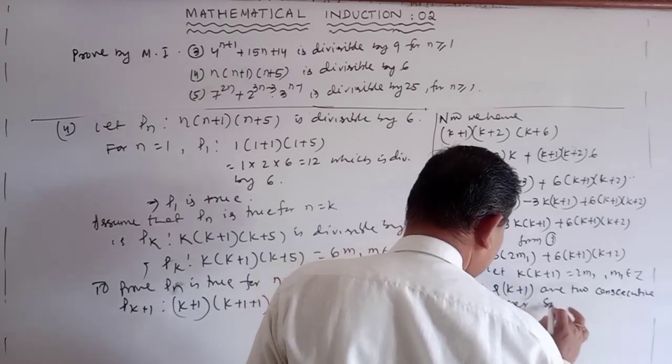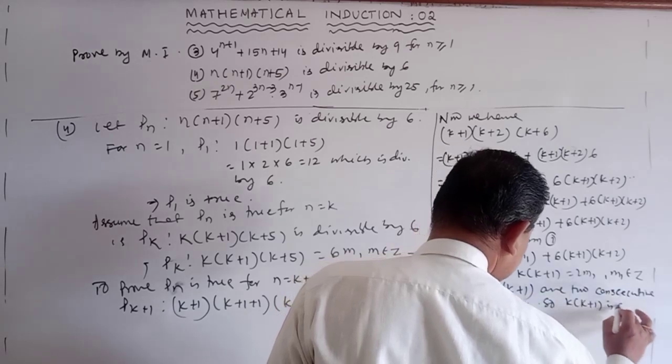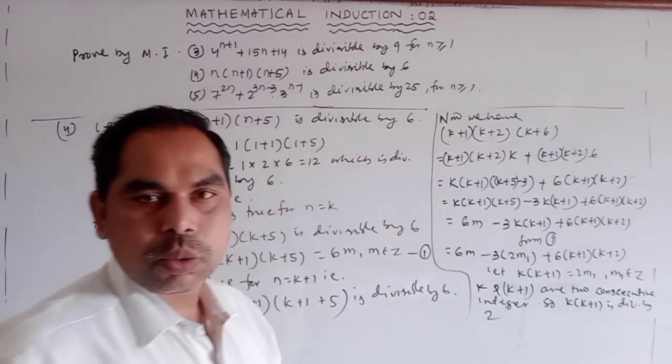So it is divisible by 2. So k into k plus 1 is divisible by 2.